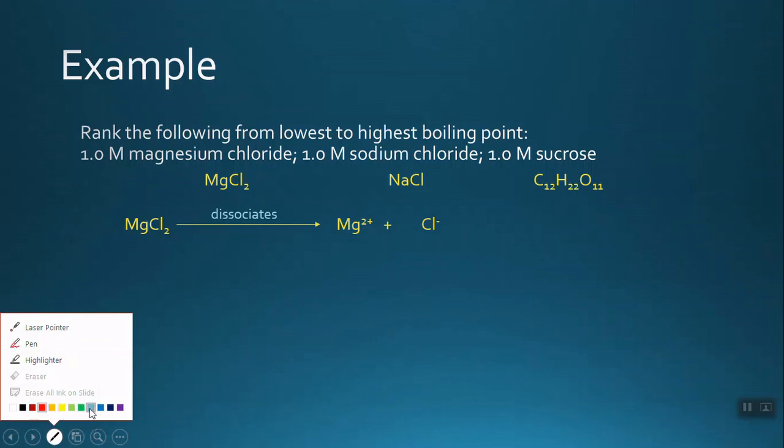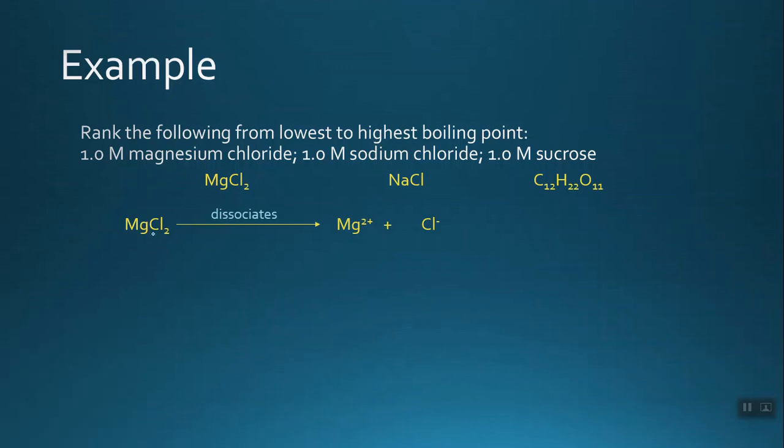So we have 1 magnesium and we have 2 chlorines, okay? So how do we reflect that over here? We have to put a 2 as the coefficient, and that way we have 2 chloride ions, okay? 1 magnesium ion and 2 chloride ions. And so that gives us 3 moles of particles that magnesium chloride dissociates into, okay?